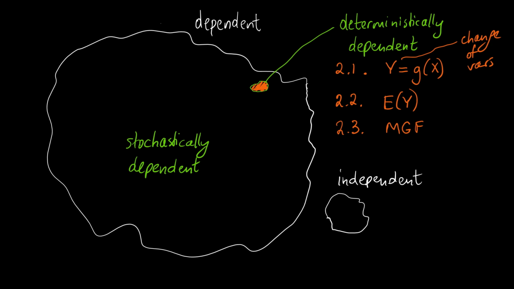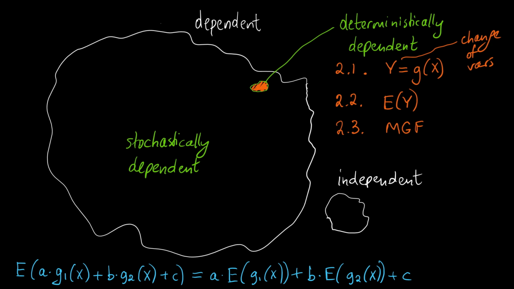To bring one more evidence to make this point, in theorem 225, the authors have shown that the expected value of a linear combination like this, which has a times g1 of x, some deterministic function of random variable x, plus b times g2 of x plus c, and we're told what it's equal, the fact that the expectation is a linear operator. Okay, and the point I'm making here is that this result is true more generally.